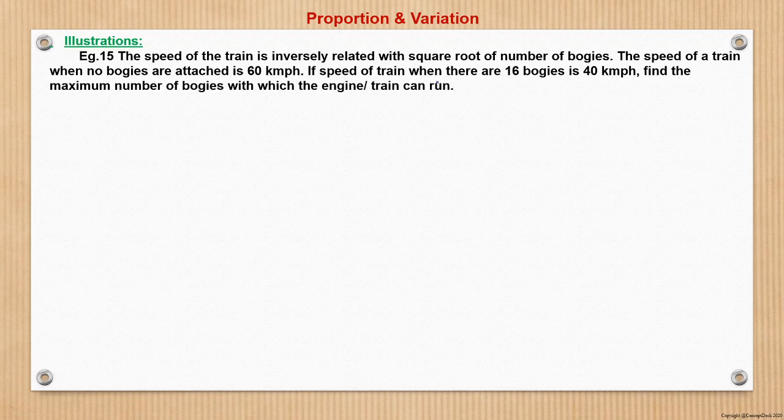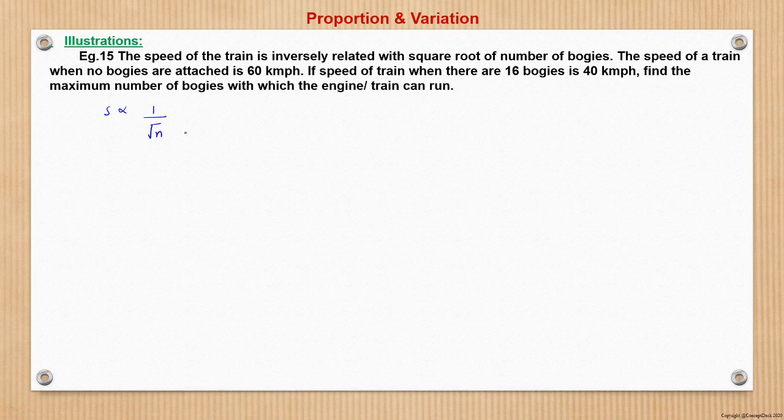If the speed of a train when there are 16 bogies is 40 km, find the maximum number of bogies with which the train can run. So let us think over the problem. The speed of a train is inversely related to the square root of the number of bogies.